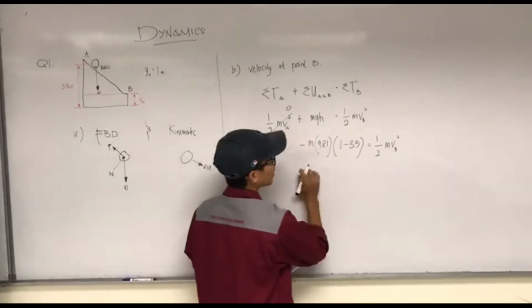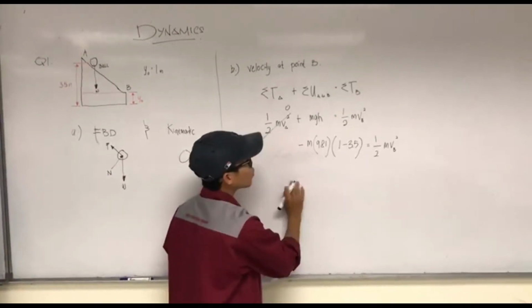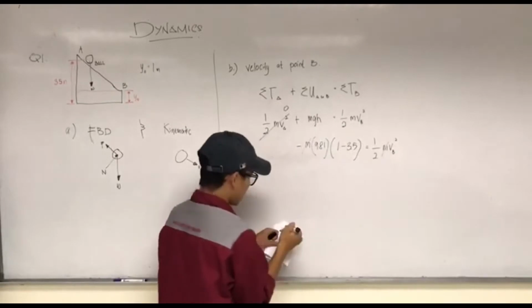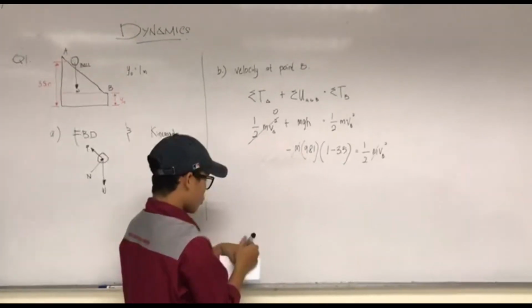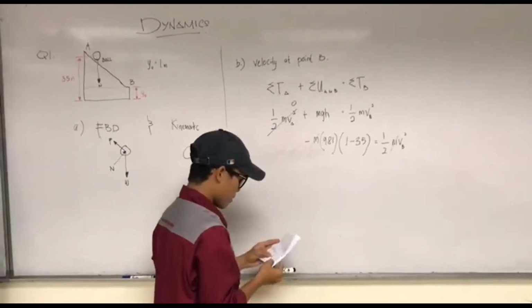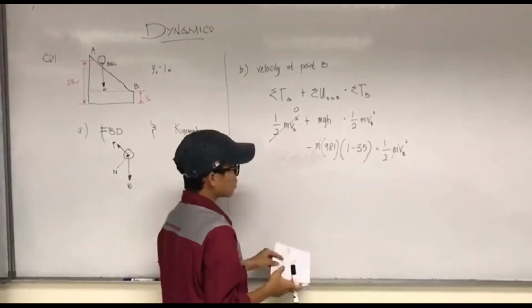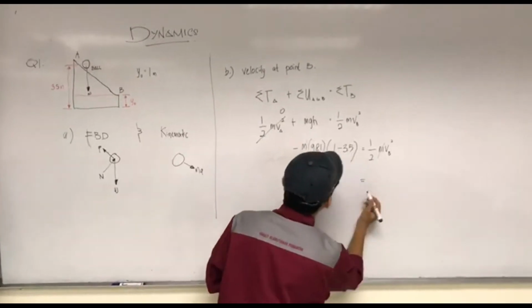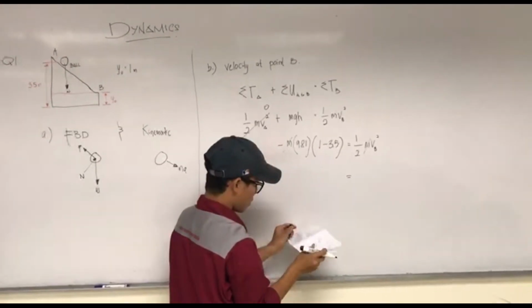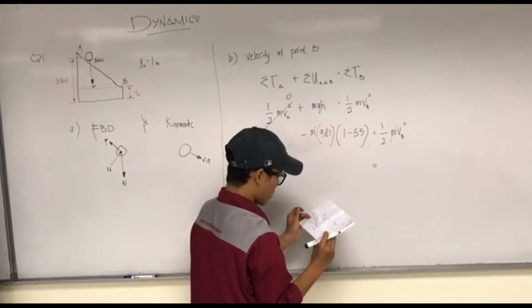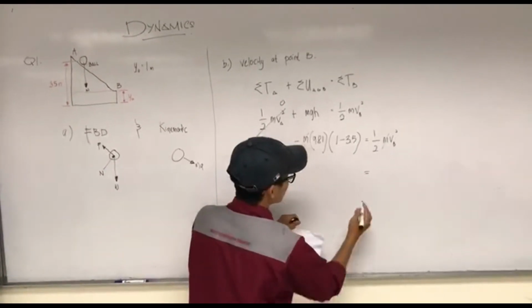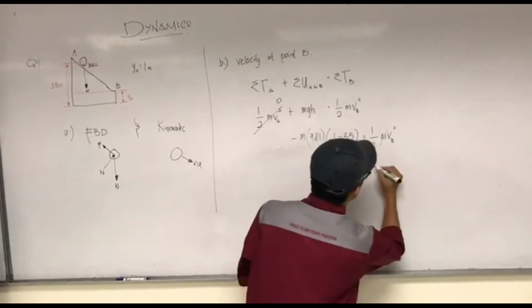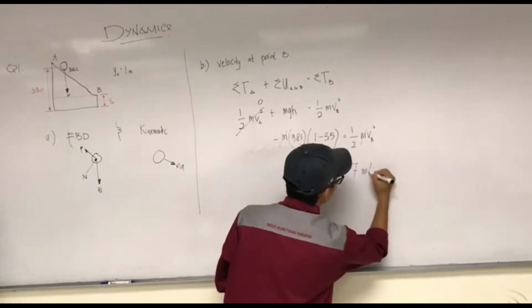In this equation, we can cancel the mass. So the answer we calculate, we get VB equal to 7 meter per second.